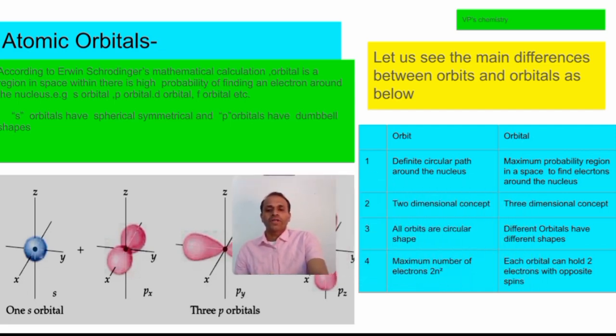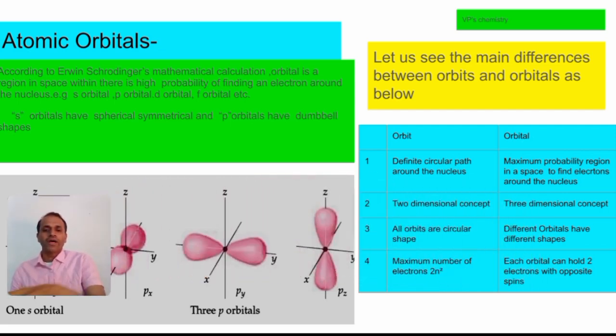Another important point: what is the difference between orbit and orbital? An orbit is a definite circular path around the nucleus, while an orbital is a maximum probability region in space to find electrons around the nucleus.